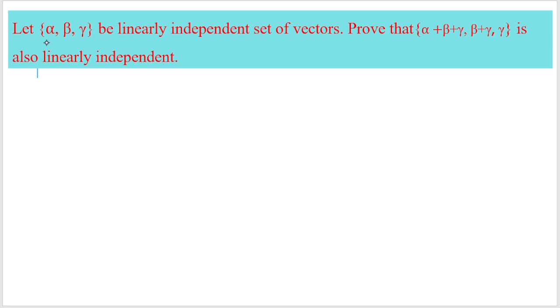The problem says that alpha, beta and gamma are a linearly independent set of vectors. We need to prove that this set is linearly independent. So to prove this set is linearly independent, again we will consider the linear combination of these vectors and make it equal to the 0 vector.